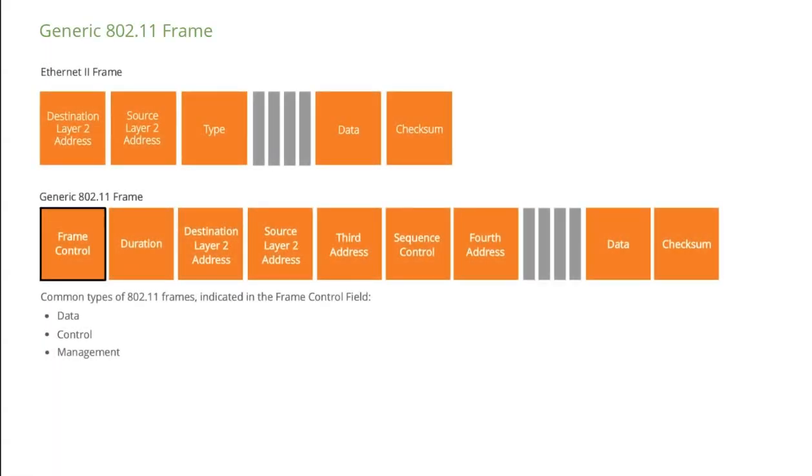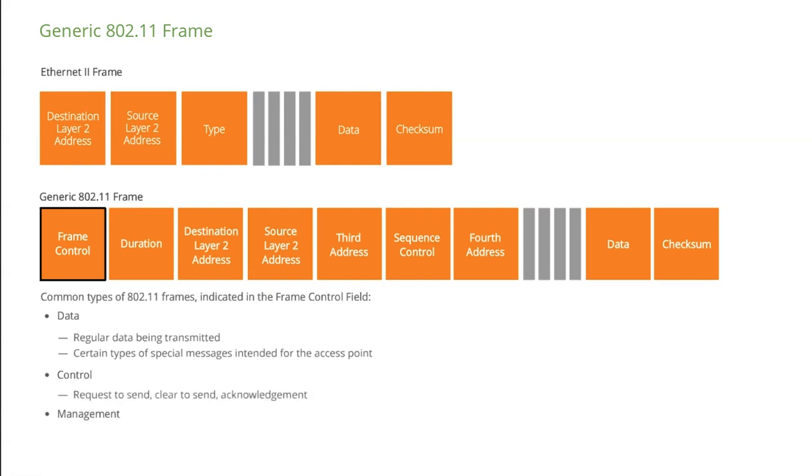As we mentioned a moment ago, the frame control field conveys, among other things, the type of 802.11 frame. There are three main types of 802.11 frames: data, control, and management. Data frames include regular data that is being transmitted and certain types of special messages intended for the access point. Control frames are things like request to send, clear to send, and acknowledgement frames.